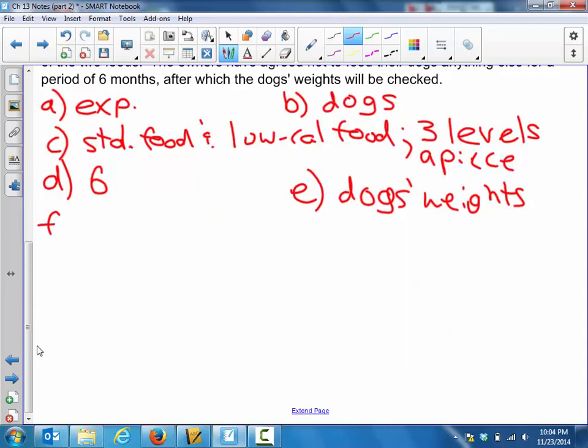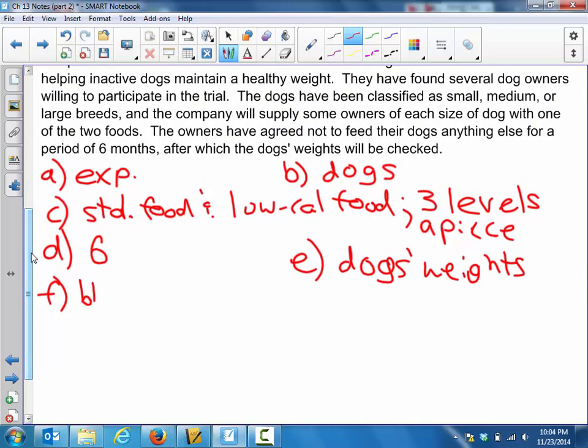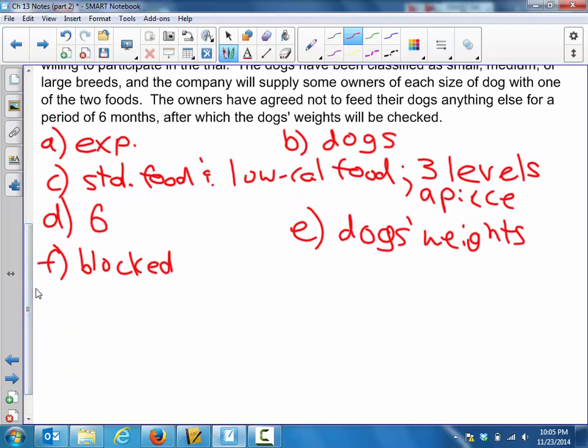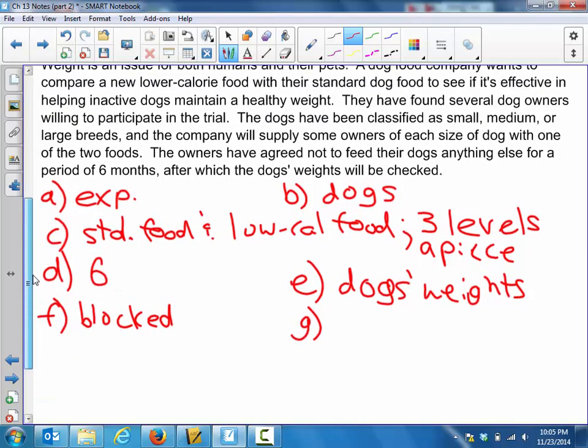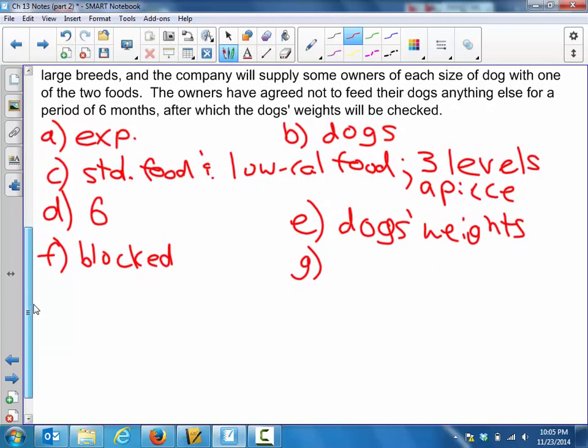On to E. They want to know about the response variable. Well, that one's not too bad. That's got to be the dogs' weights. F here, they want to know about the design type. This is blocked. They took the dogs and grouped them up by their weights, which is certainly a factor that's going to influence the response variable.